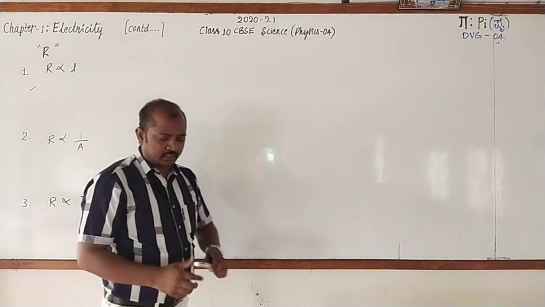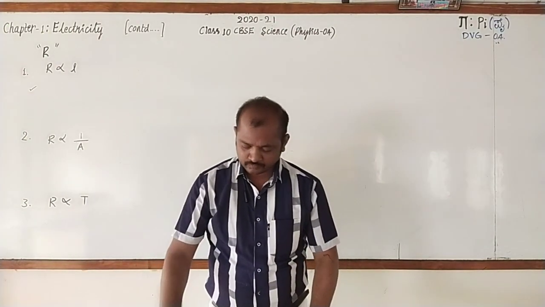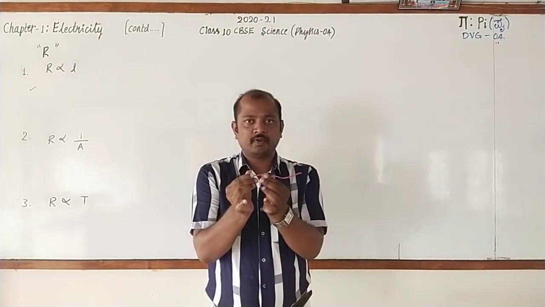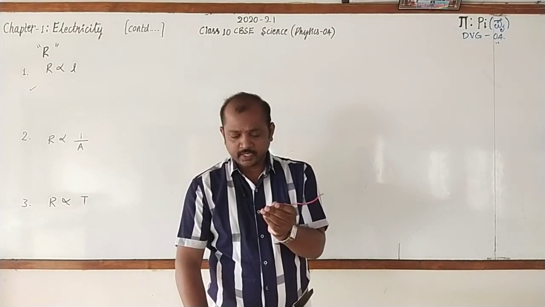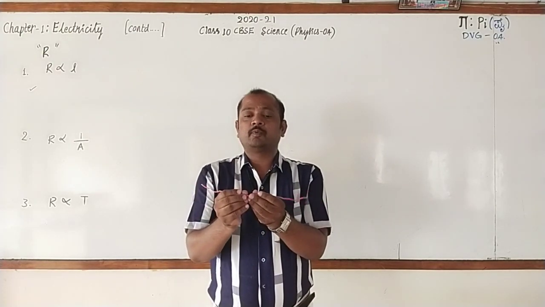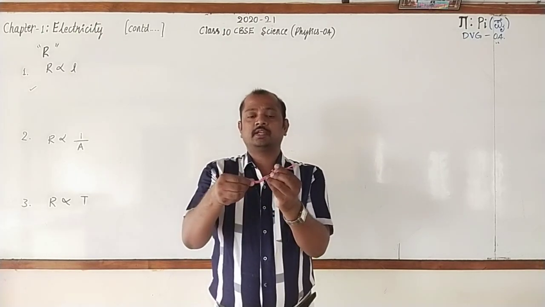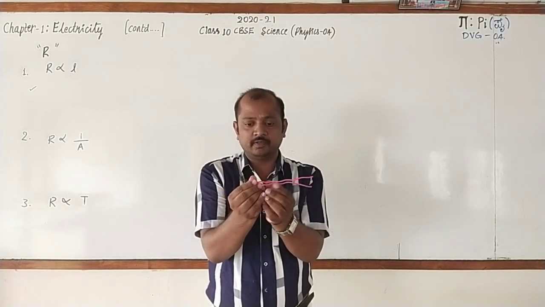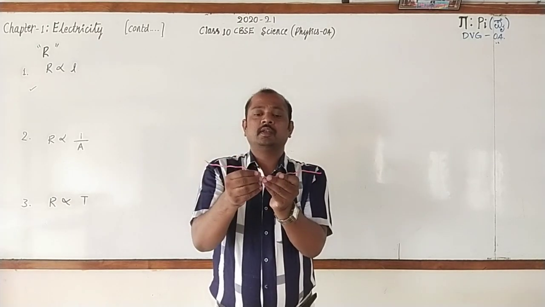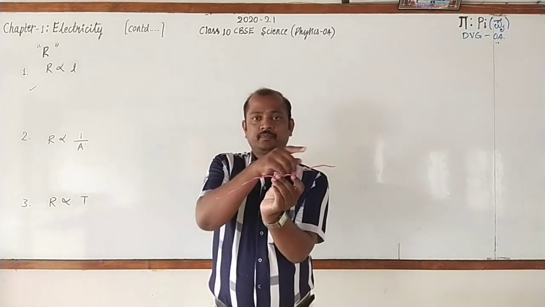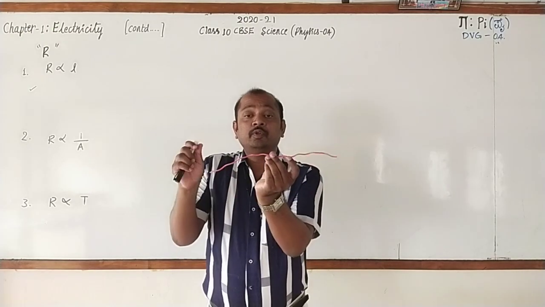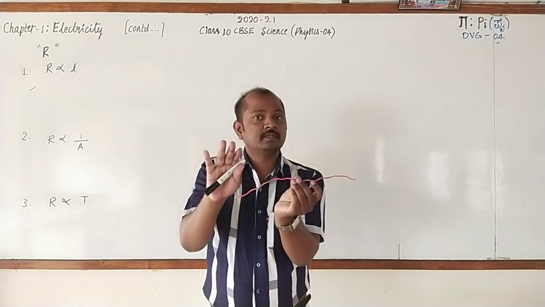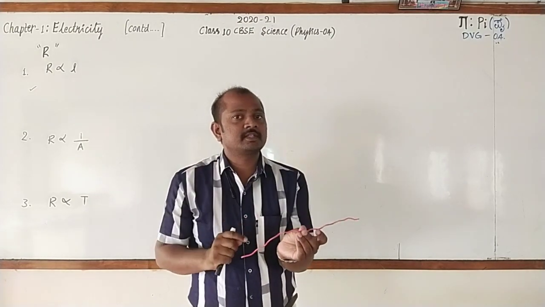Suppose you are going to take a wire. It has some electric resistance, right? If the length of the wire is doubled, see that I have taken two wires of same length and same kind. Then when the length is doubled, we know that electrons will get more opposition for their movements. What about the electric resistance?